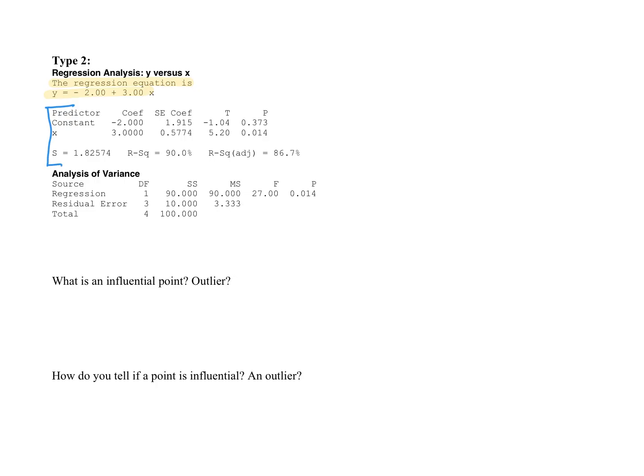It looks similar in that we have an x here. But the other line says constant. It's not y. So it's x and constant. If we look at the two numbers next to it, the way to read this is that negative 2 is a constant.